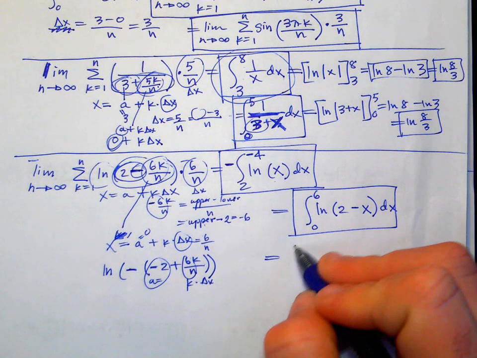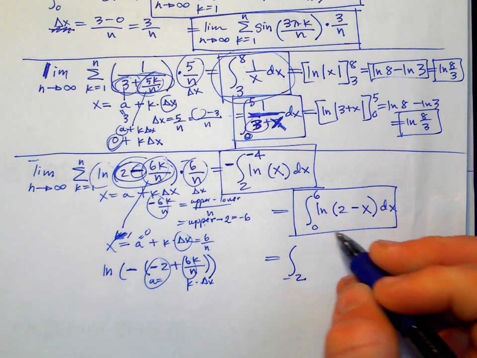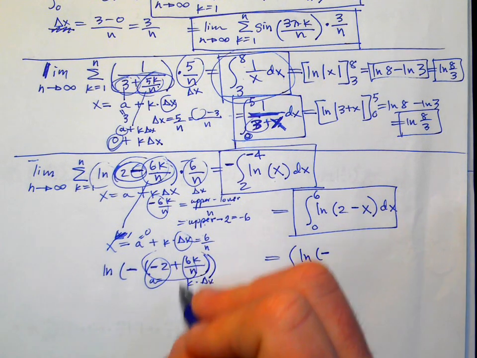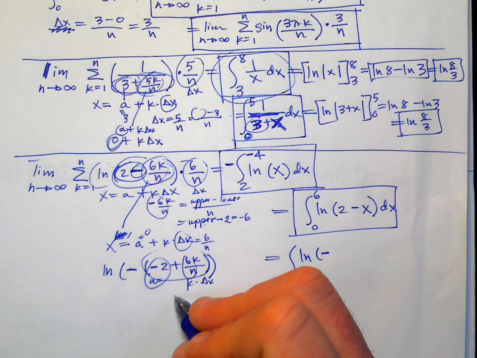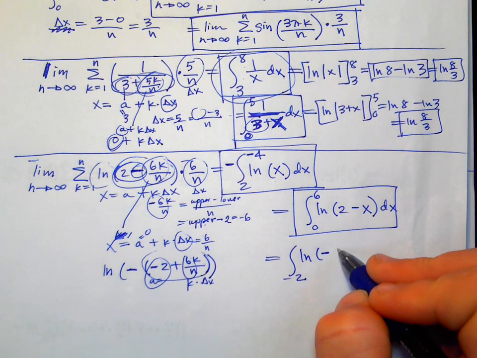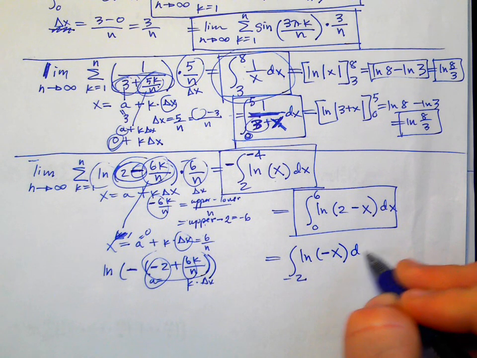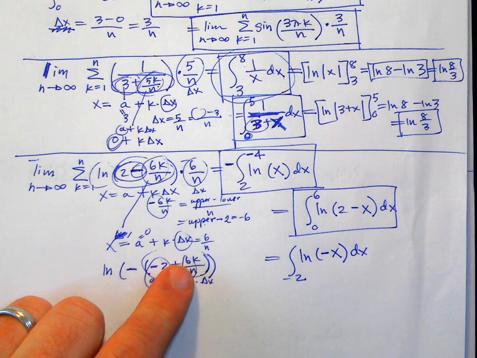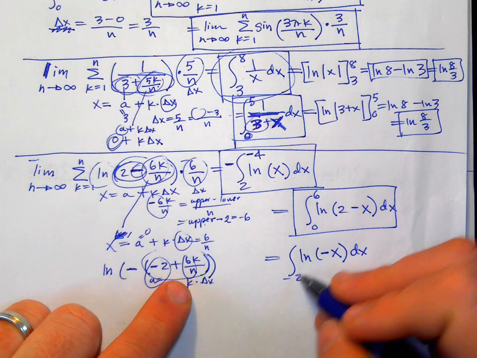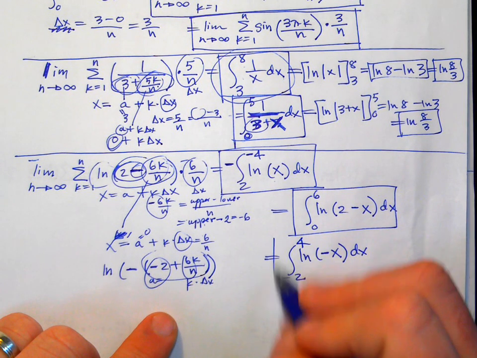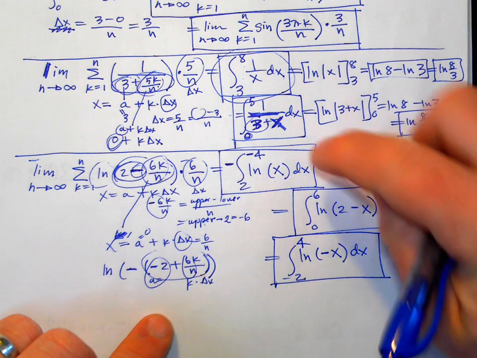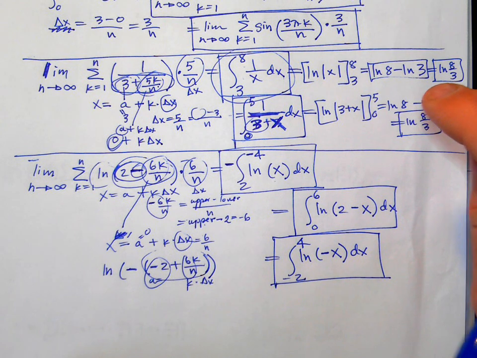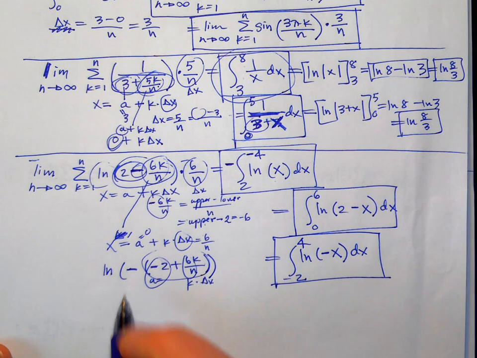So we're going to start at negative 2, and we're going to do natural log of the negative, and this whole thing is going to be our x value. So it's going to be natural log of negative x dx, and the change between upper and lower limits is always 6 on all of these. So wherever you start, add 6 to it, and that should give you the same thing as this does. So anyways, several different ways of thinking of it.